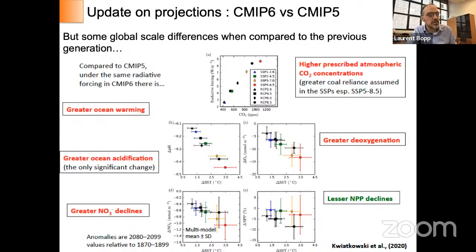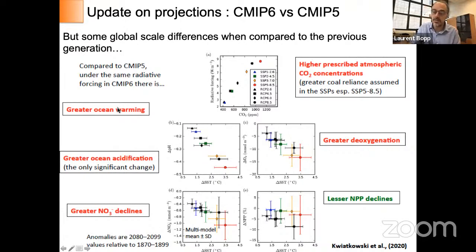So let me summarize some of these differences in terms of projections for those main patterns and differences between CMIP6 and CMIP5, so the latest generation as compared to the previous ones. The first point I'd like to make is that as compared to CMIP5, under the same type of scenarios, under the same radiative forcing, in CMIP6 we have greater ocean warming.